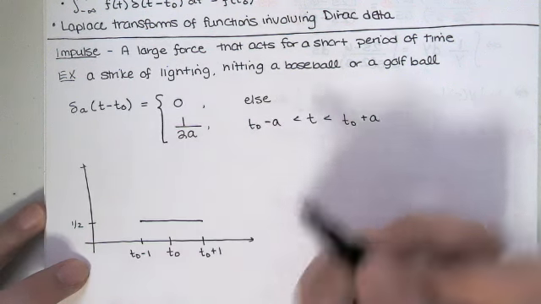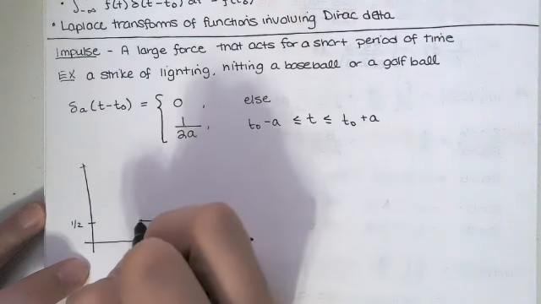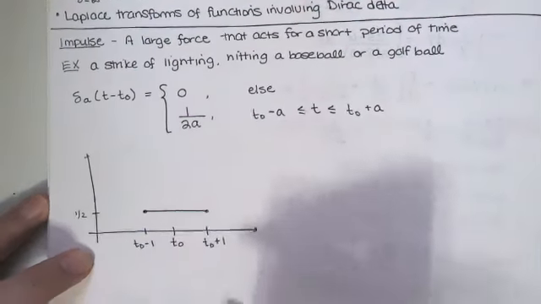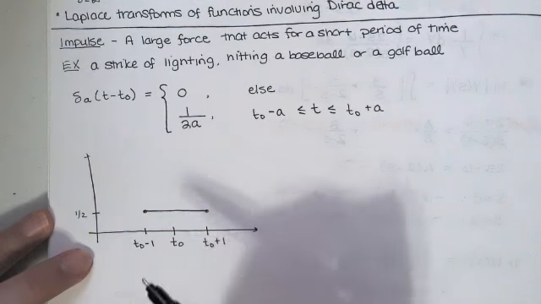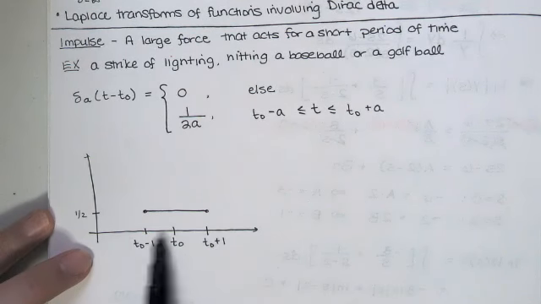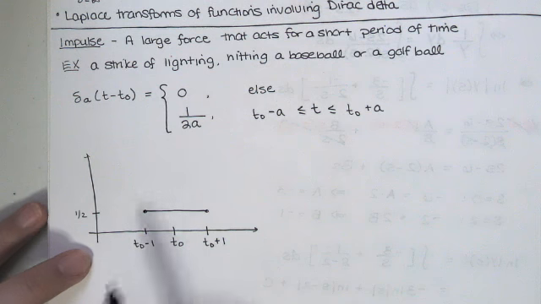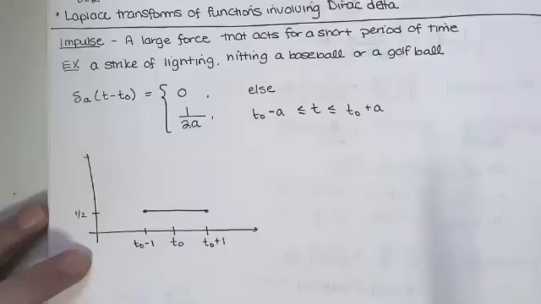And then it's 0 everywhere else. So in that case, the area under this curve would just be 2 times 1/2. Obviously, this is not to scale. 2 times 1/2 is obviously 1.